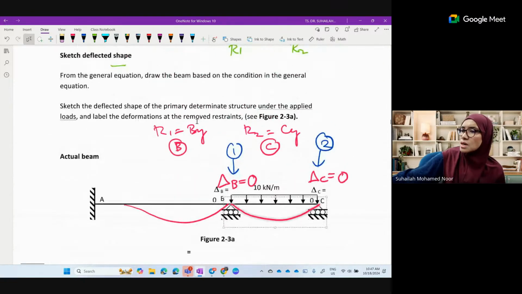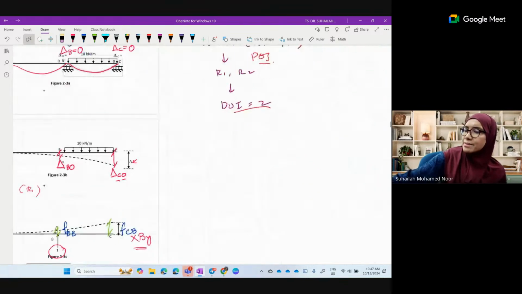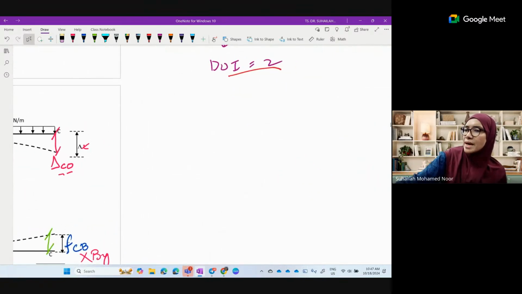So equation number 1 is the actual delta B. This is the actual system. Primary system.